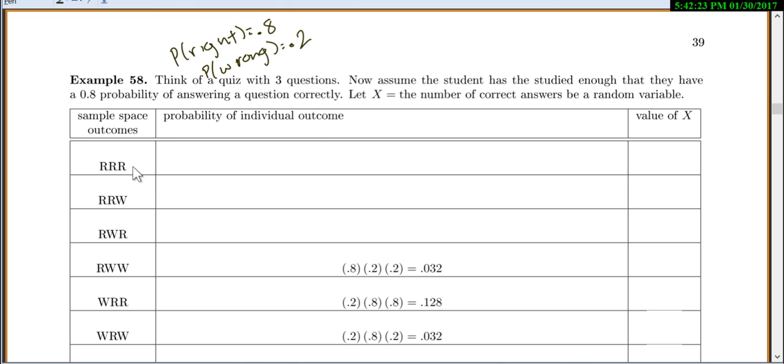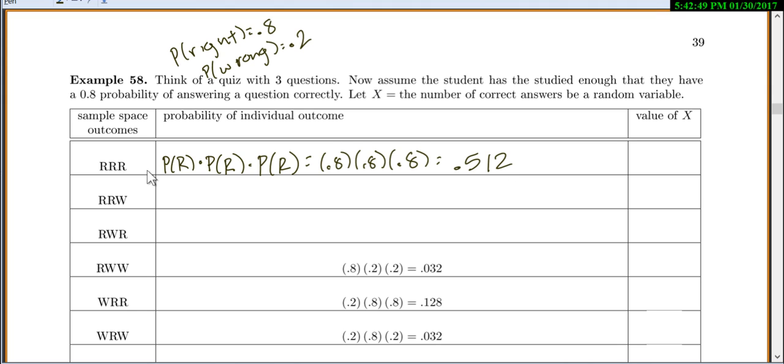So if I want a right, right, right, I do the probability of right times the probability of right times the probability of right. And so that would be 0.8 times 0.8 times 0.8, which is 0.512.